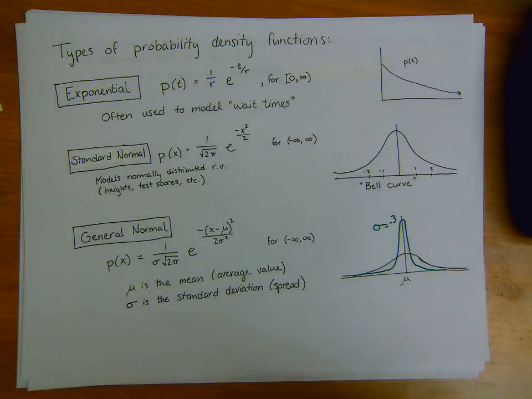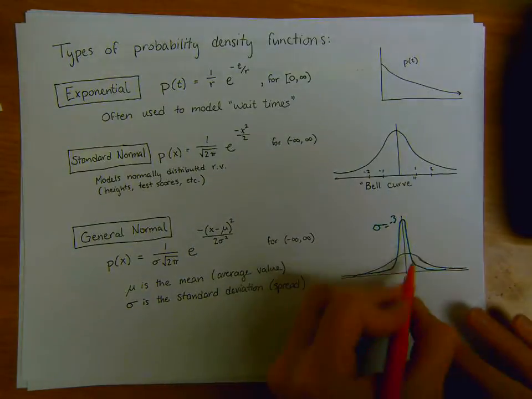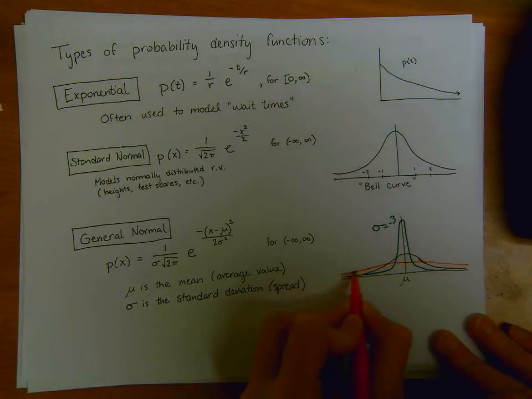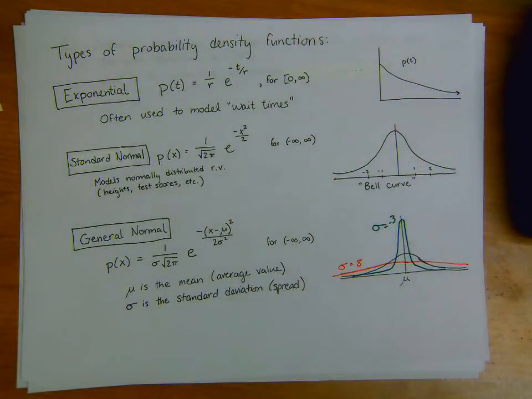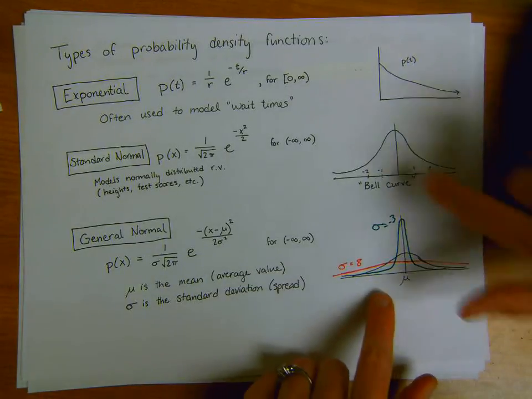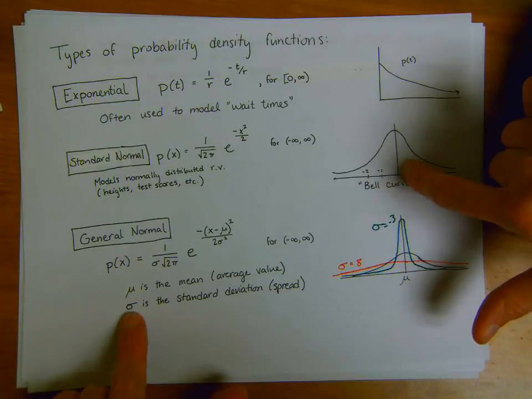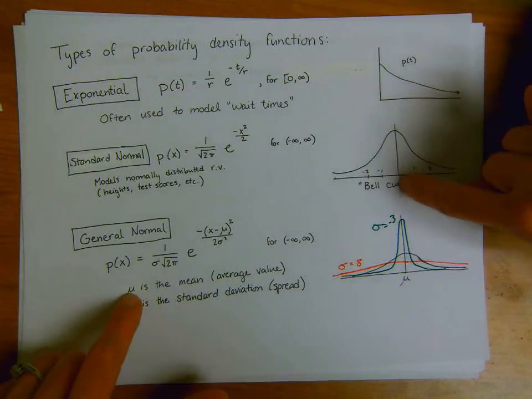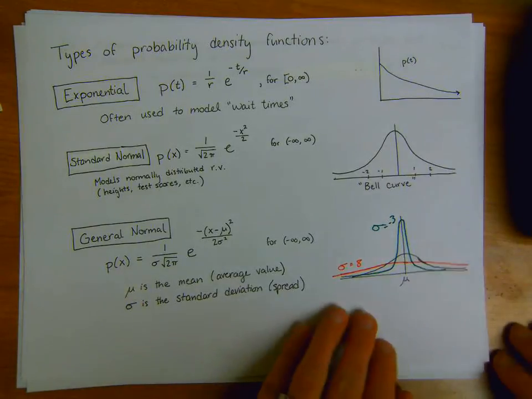Whereas if you had a sigma value of like 8 or something like that, then that would be a much more flat bell curve. You could picture a bell curve that looks like that, that's been flattened out. So this is the specific case where sigma is equal to 1, your standard deviation is 1, and mu is equal to 0. It's centered around 0.